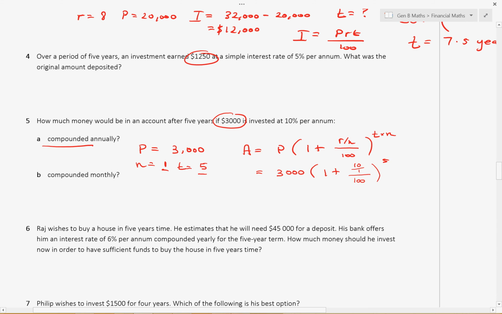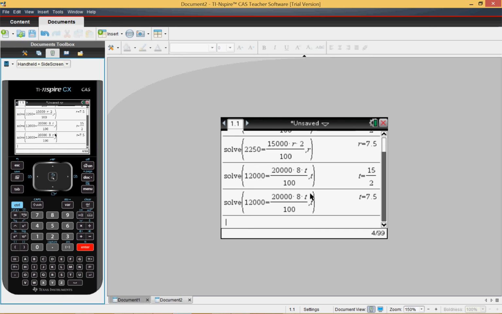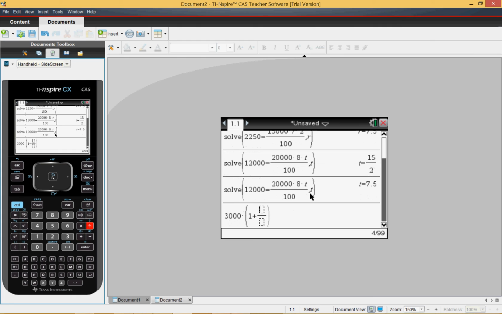Now, I could simplify that as 10 over 100, which is just 0.1, but it doesn't always simplify, so let's have a go. We don't have to solve this time though. We've got 3,000 times bracket 1 plus, and go the fractions button, and then go the fractions button again.